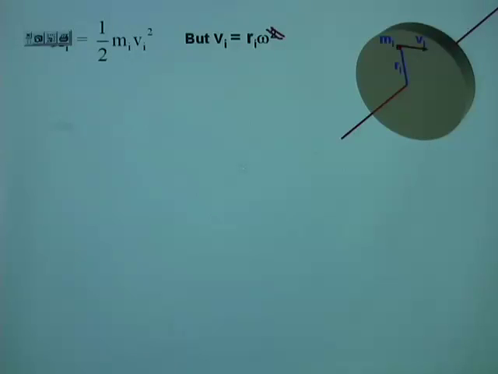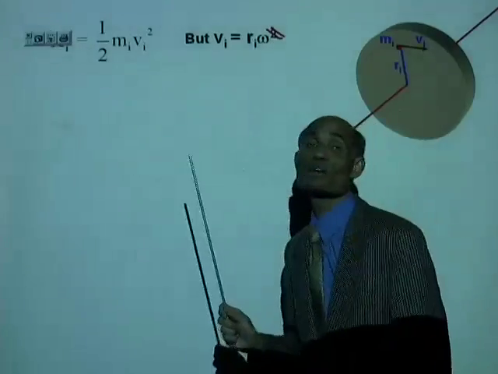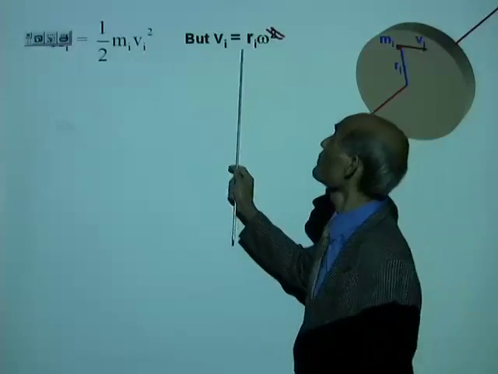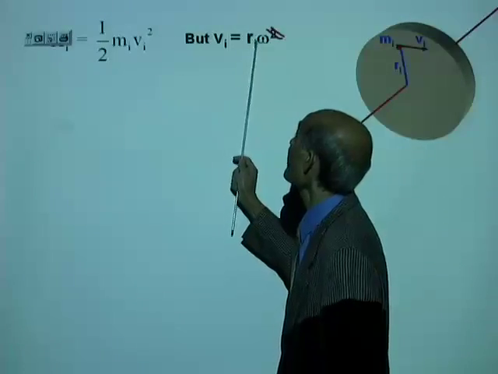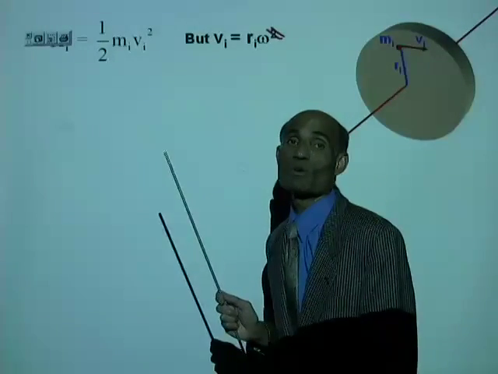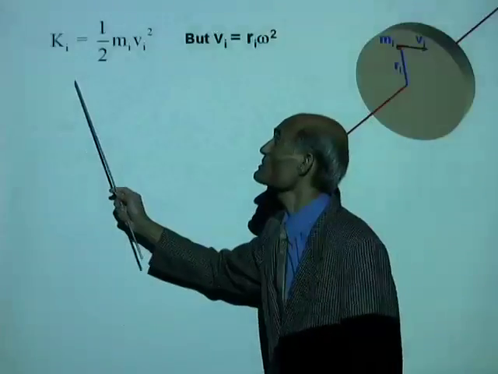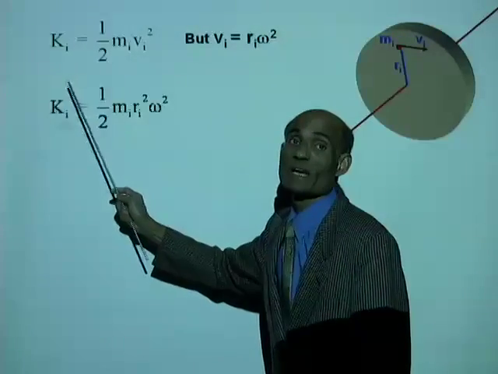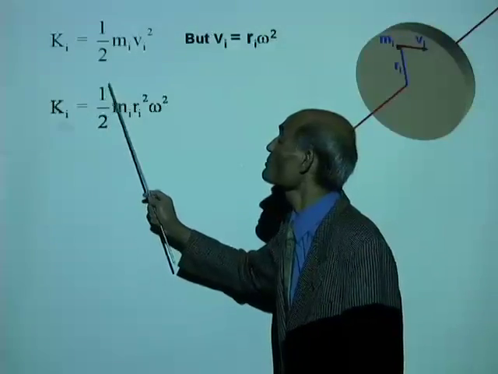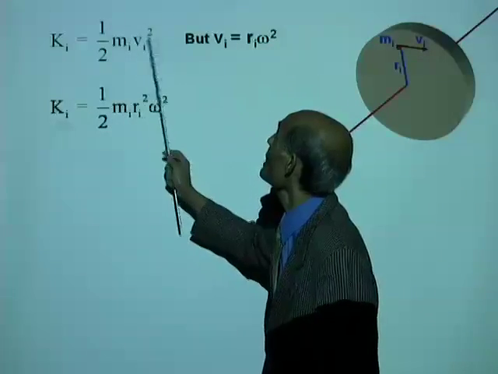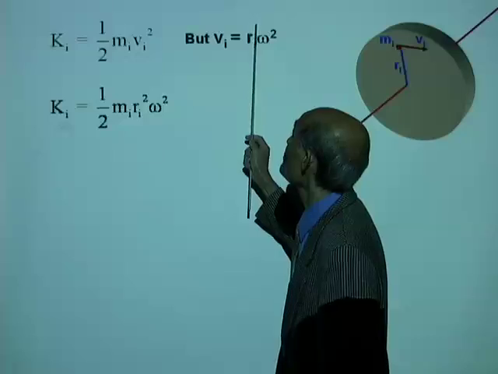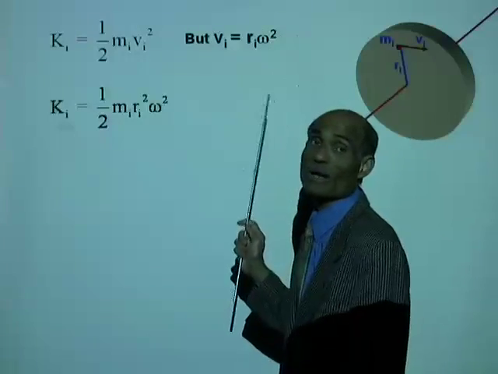The linear speed equal to r times the angular velocity. So if you now replace this vi by ri omega, what will be the expression for kinetic energy? Ki now equal to 1/2 mi, vi squared becomes ri squared omega squared.